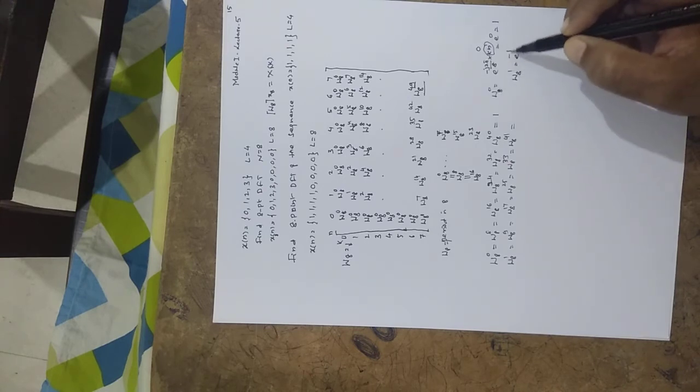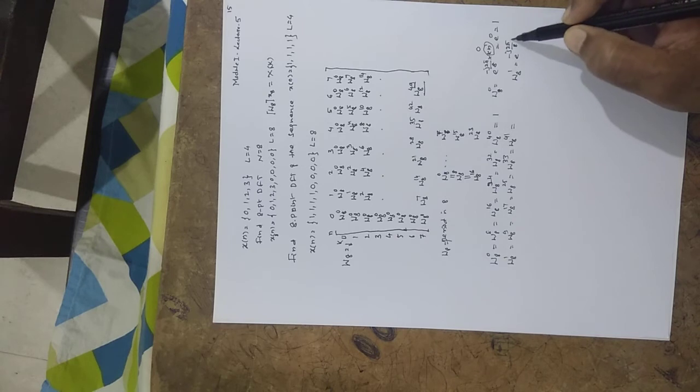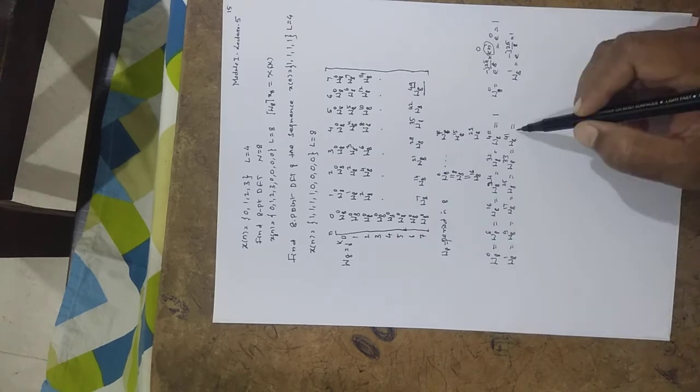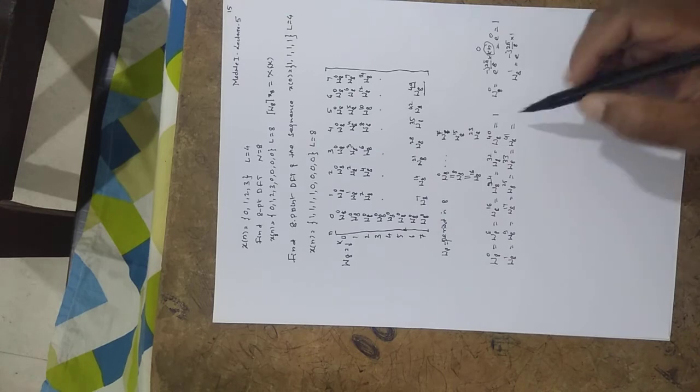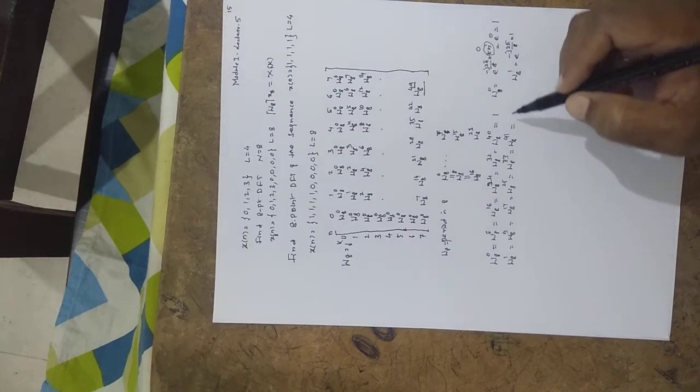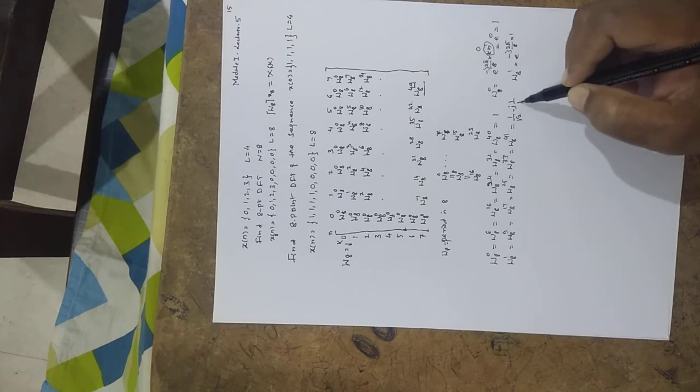That is e to the power of minus j 2 pi by 8 into 1. These all are equal. If I try to find it out, this will be pi by 4. Pi by 4 gives cos pi by 4 minus j sin pi by 4. This comes out to be 1 by root 2 minus j 1 by root 2.